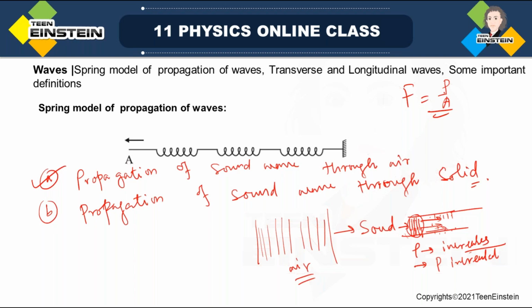When they move to the other region, there also the compression will happen. And then again the air molecules will try to move to the other side. When they go there, that layer also gets compressed. So this is how the disturbance, the compression, is moving through the air.